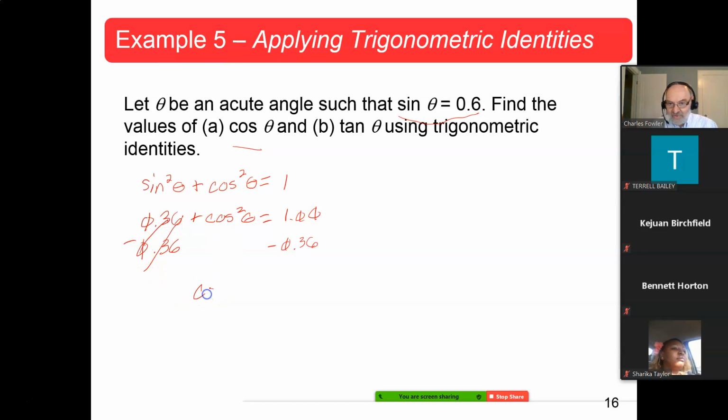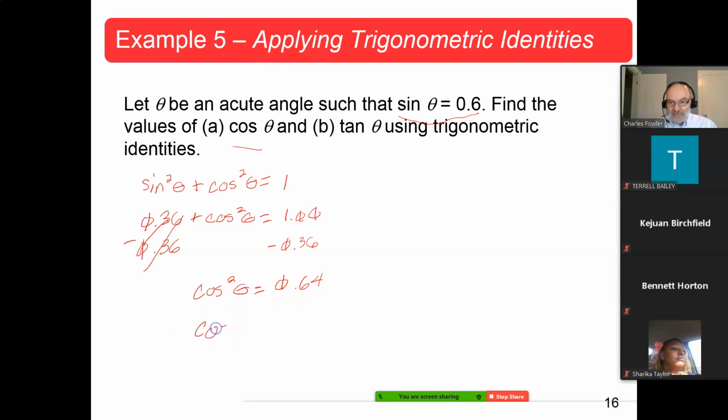So you have cosine squared theta is equal to 1 minus 0.36 is 0.64. Now, they said theta was an acute angle, meaning it's in the first quadrant, meaning it's positive. So now when you take a square root, you don't have to worry about plus or minus, you just do the positive square root.